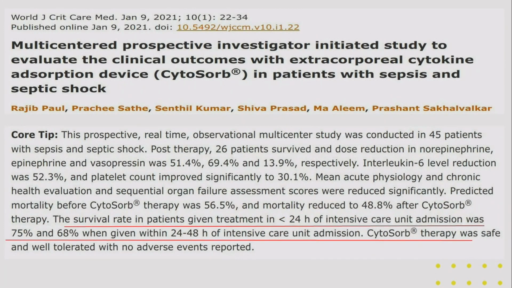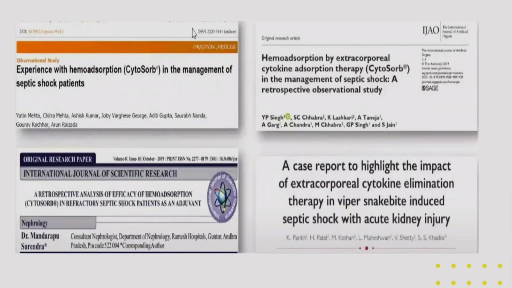And Dr. Sathe Madam's paper: she studied 45 patients. This was a very good paper because it has a control arm also, and she could prove that the survival benefit was in 75% of patients when Cytosorb was used compared to the standard line of therapy. So we have a plethora of papers, not only in sepsis, they have seen it in snake bites also. So this cartridge was the most studied and probably needs to be studied more.